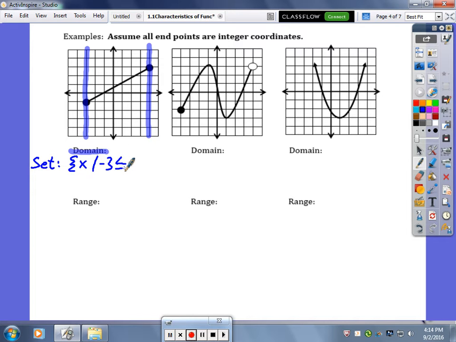Remember, this is a closed circle, so negative 3 is part of the curve. And x is less than or equal to positive 4. Again, less than or equal to, because the circle is a closed circle. In interval notation, we would write it like this. Since we do have a closed circle, we're going to use a bracket, negative 3, comma, positive 4, closed bracket.